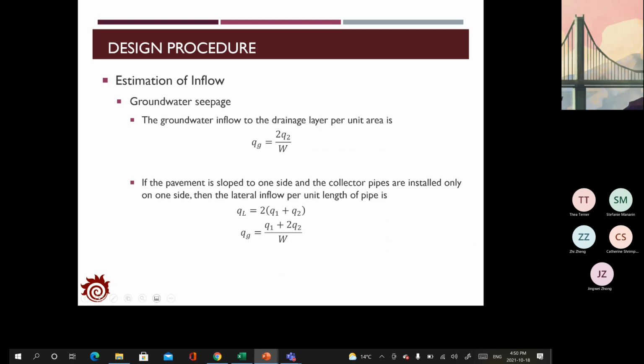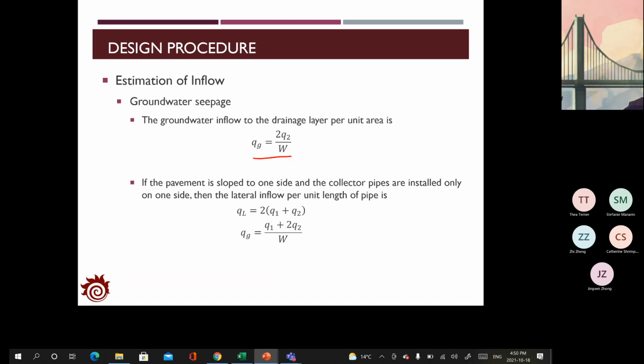And in addition, we can calculate the groundwater inflow to the drainage layer per unit area as 2 times Q2 divided by W. This is for the inflow rate per unit area.